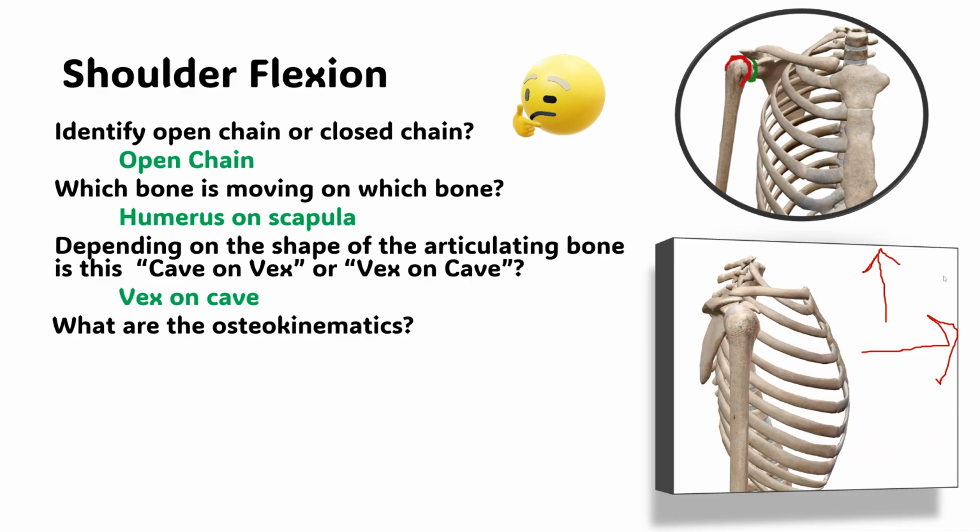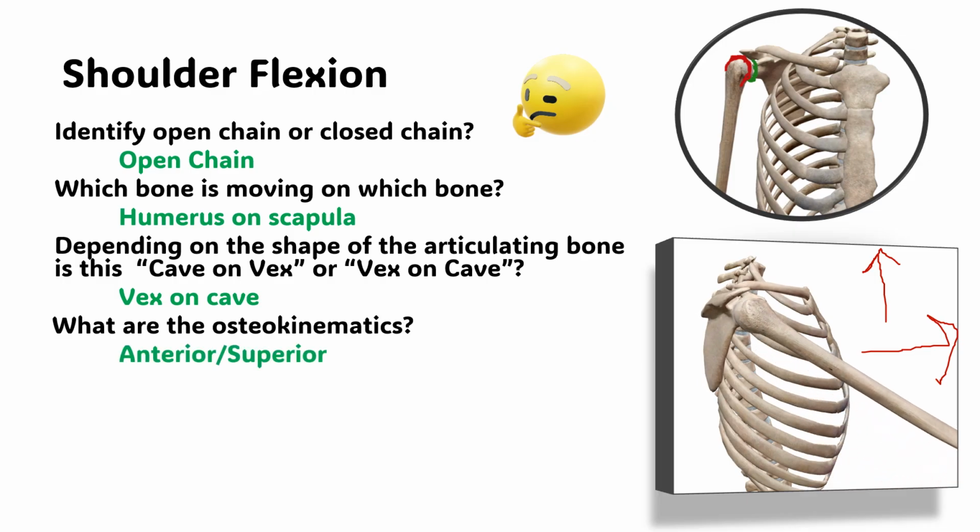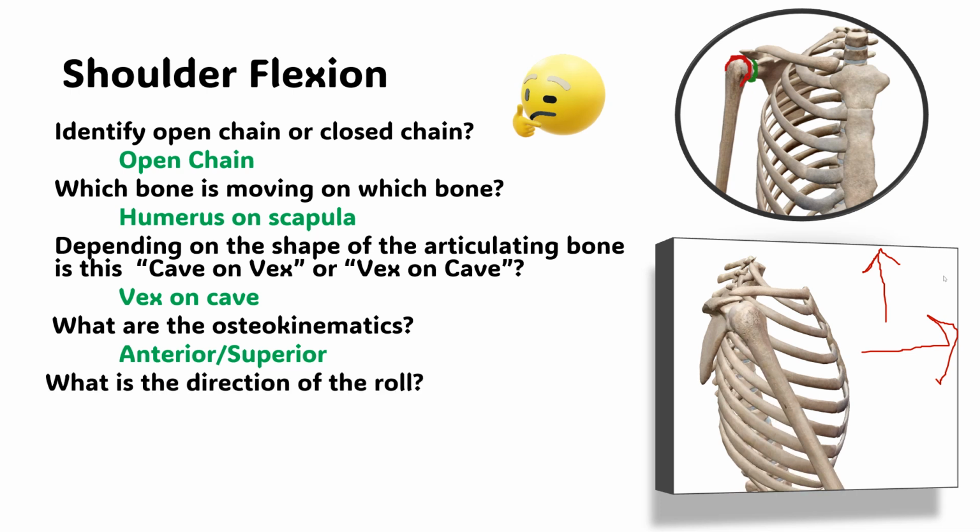Those are the osteokinematics, and they will lead the way to the roll. If we know that the osteokinematics are anterior superior, which is in fact the case, we know that the roll will always follow the bone.